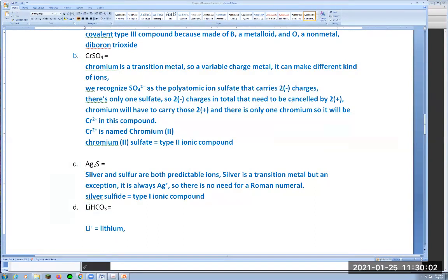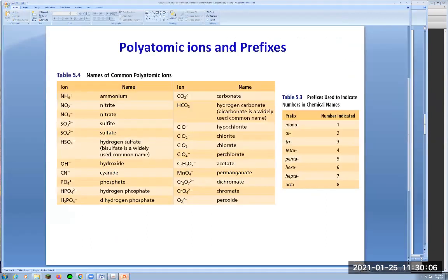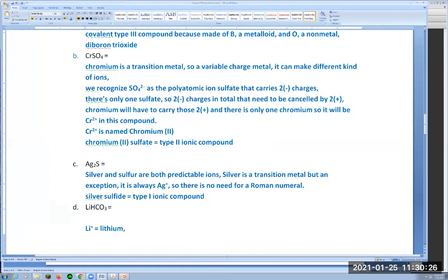Then you need to recognize this. So you go to your list of polyatomic ions, and HCO3 negative 1 is the hydrogen carbonate, also called the bicarbonate. So we need that name because when you name compounds with polyatomic ions, you just take the name from the list of polyatomic ions.